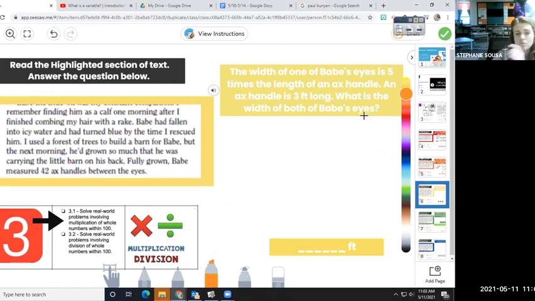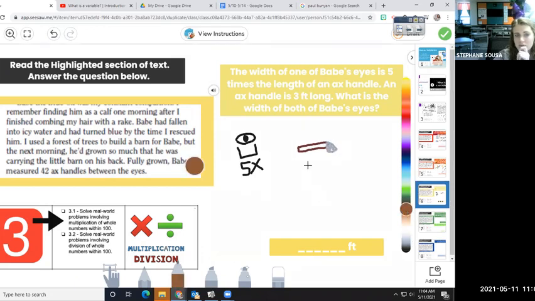Okay, let's set this up and then you're going to go into a breakout room. The width of one of Babe's eyes. So let's draw Babe's eye. Let's draw a little eye here. The width of one of his eyes is 5 times the length of an axe handle. An axe handle, let's draw an axe handle. There's my handle. There's my axe.